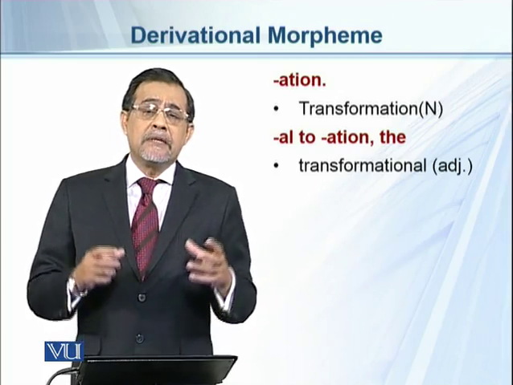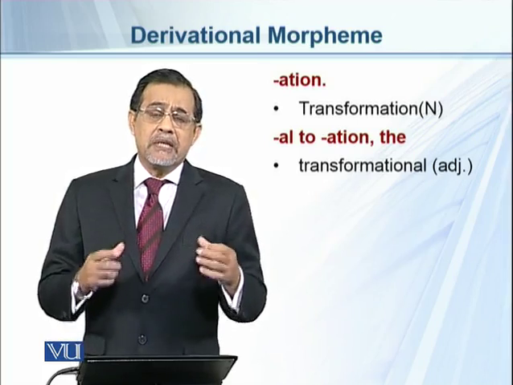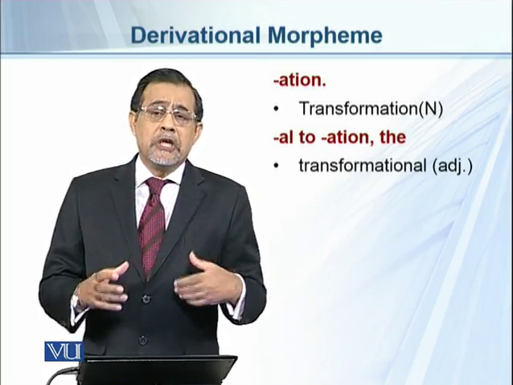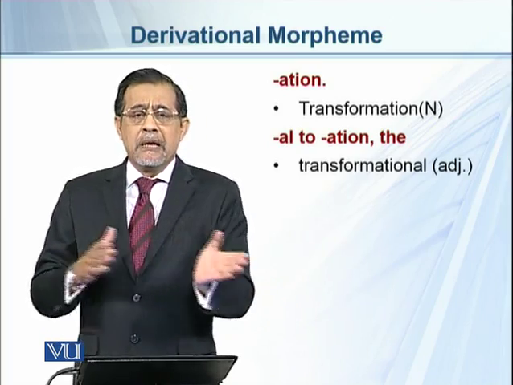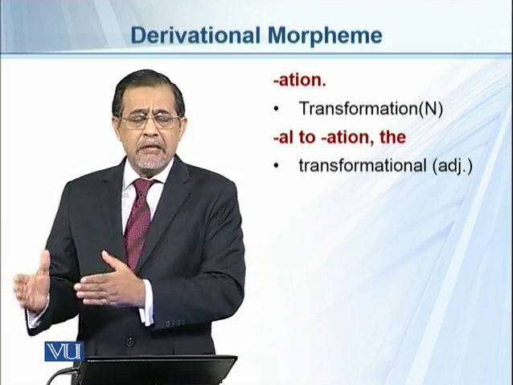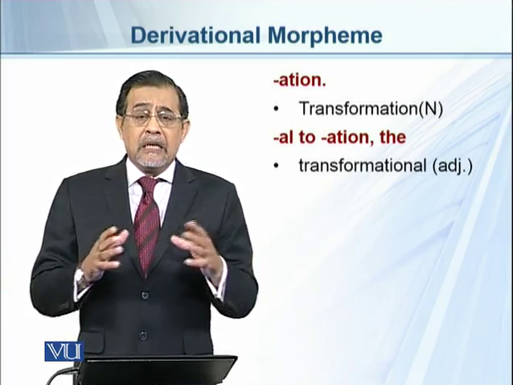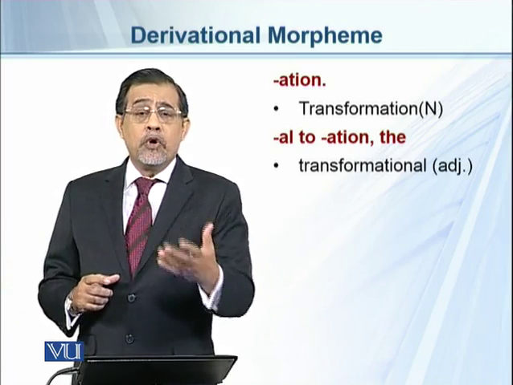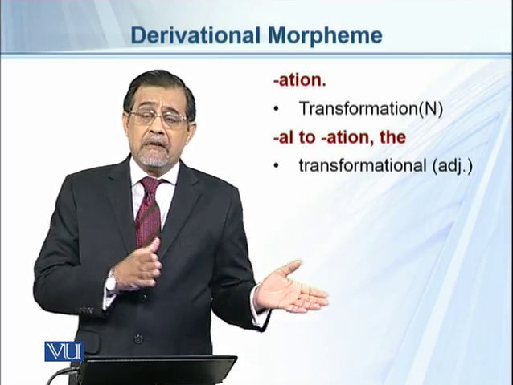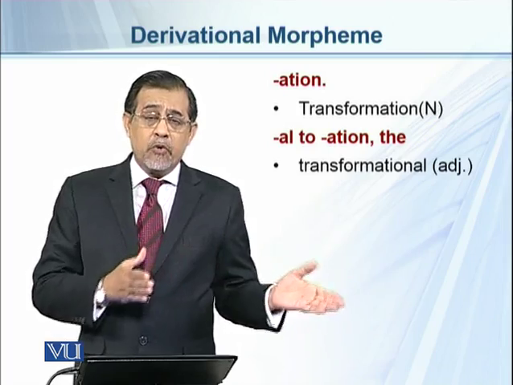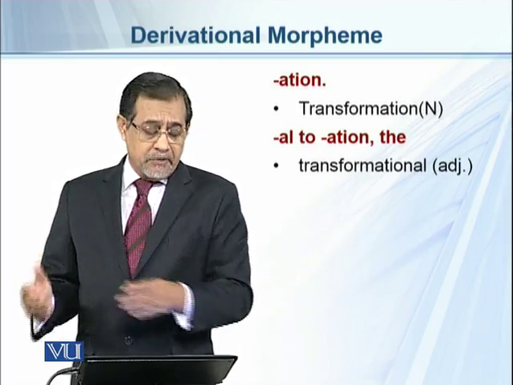So you see that derivational morphemes are the morphemes which change the word class, the category of the word, from one part of speech to another part of speech. And we can add more derivational morphemes to the stem, and they can be added before the stem or they can come after the stem.